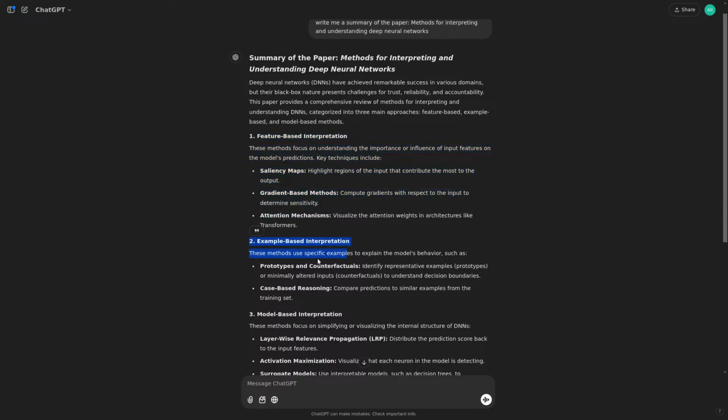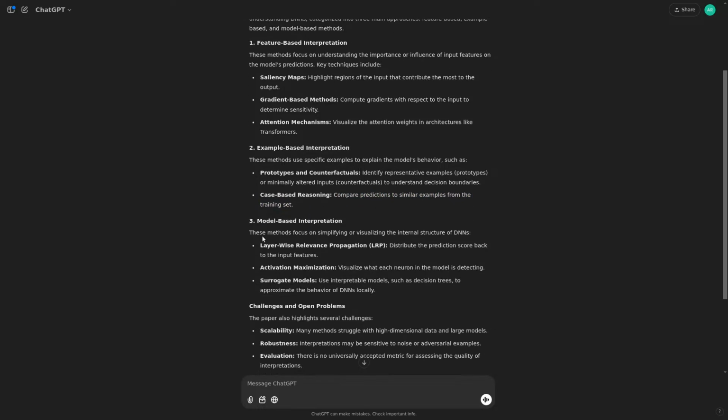Anyways, example-based interpretation. These methods use specific examples to explain the behavior: identify representative examples, prototypes, or minimally altered inputs, and compare predictions. Model-based interpretations focus on simplifying or visualizing the internal structure of deep neural networks.